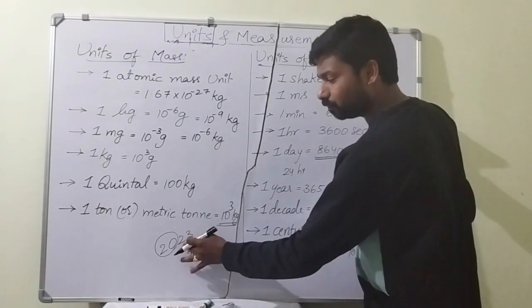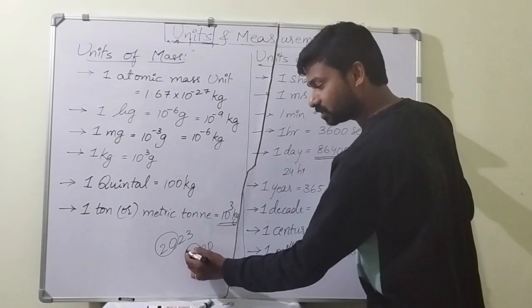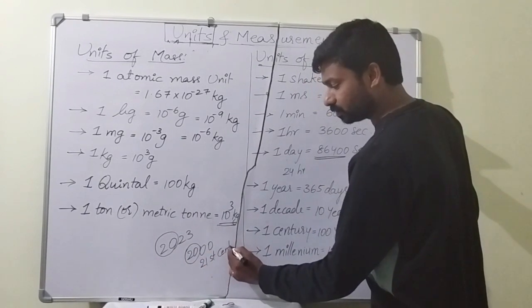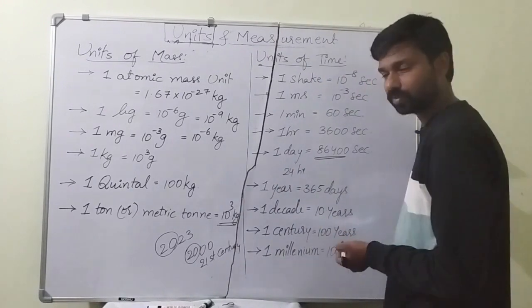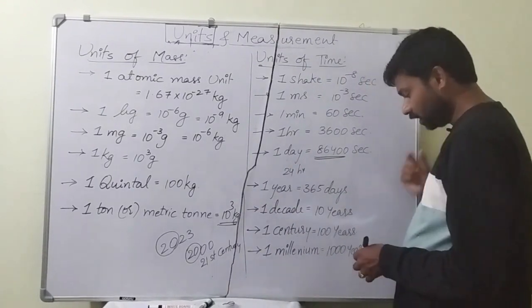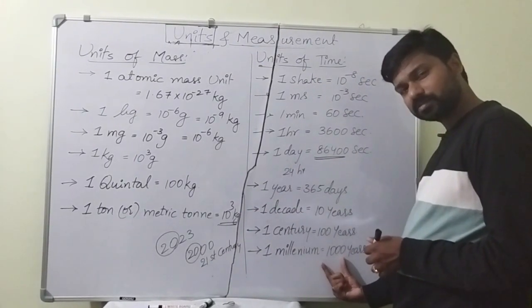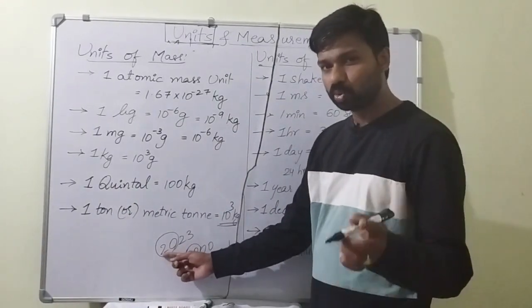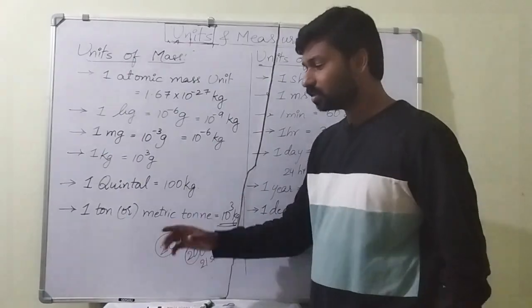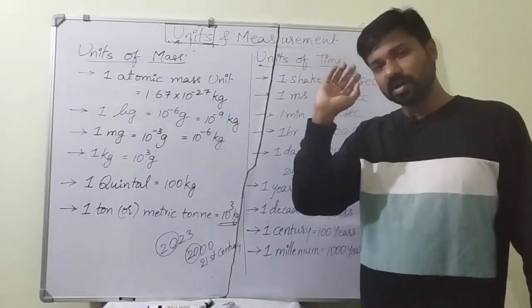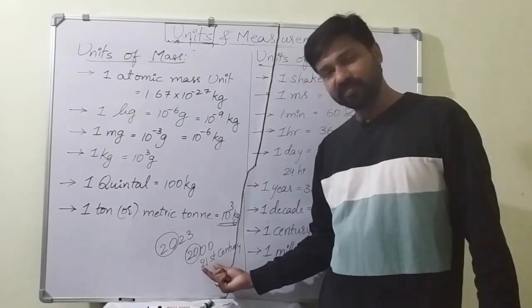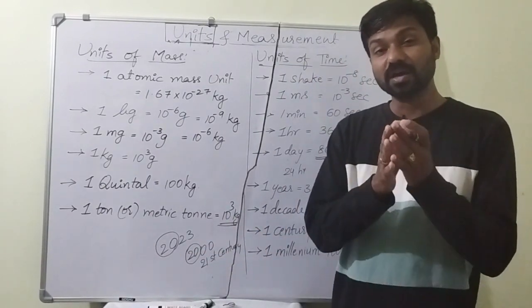After 20 centuries, now we are in the 21st century. Coming to millennium, each millennium is of 1000 years. 2000 years have completed, that means 2 millenniums are over. Now we are in the 3rd millennium. So this is the 21st century and we are in the 3rd millennium.